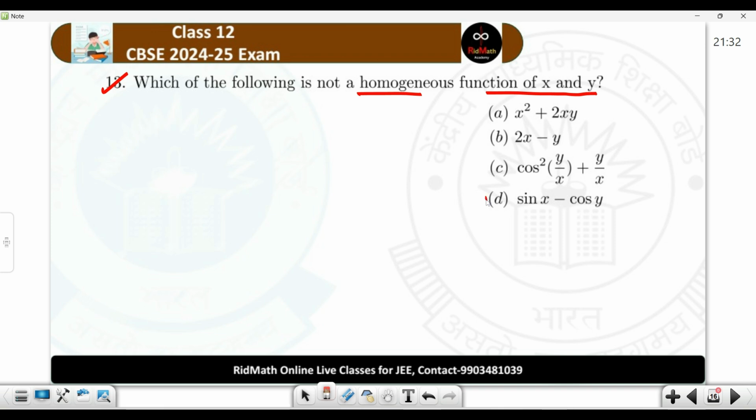From this, option D is not a homogeneous function in x or y. This is x², and here also degree 1, this is also homogeneous. This is 1, this is 1, also homogeneous. This is y by x and this is y by x, also homogeneous, but this is not a homogeneous function. So option D is correct, it is not a homogeneous function.